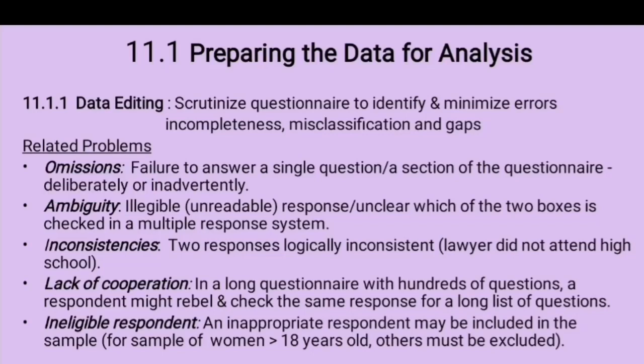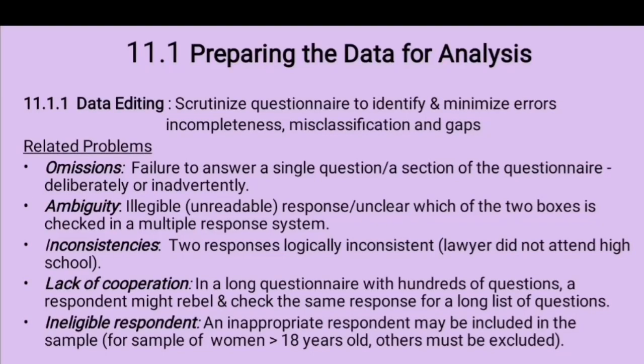Do your filter technique from question number 1 until the final question. All of the questions are entertained and ticked. Kalau one or two or three of it tak jawab, itu nama dia omission. Bila tak jawab, you might want to put it aside first. Buat filter dulu. Yang tu namanya unusable data.